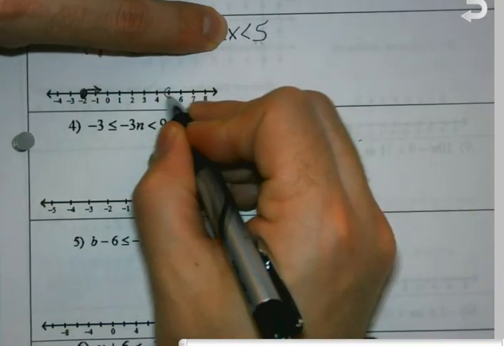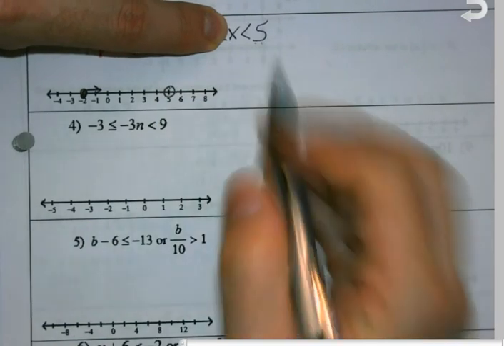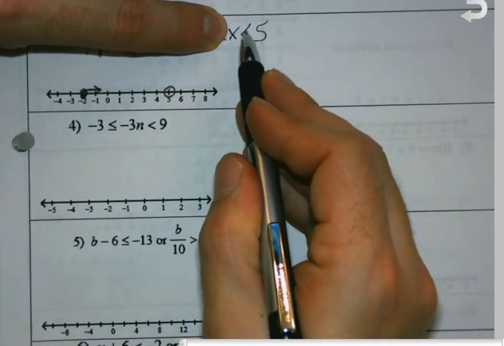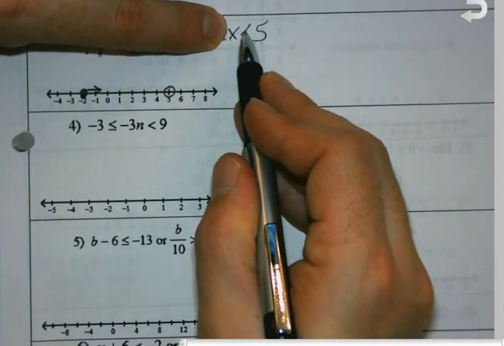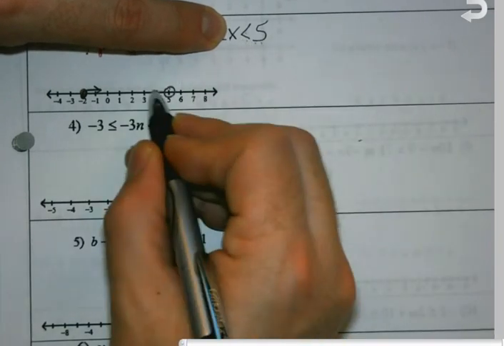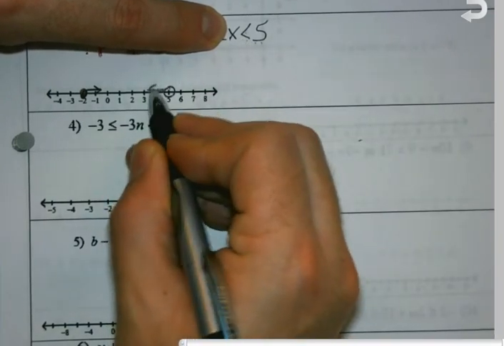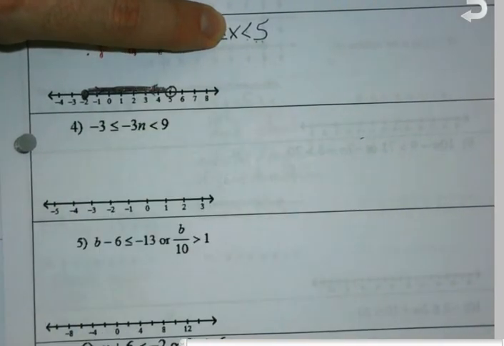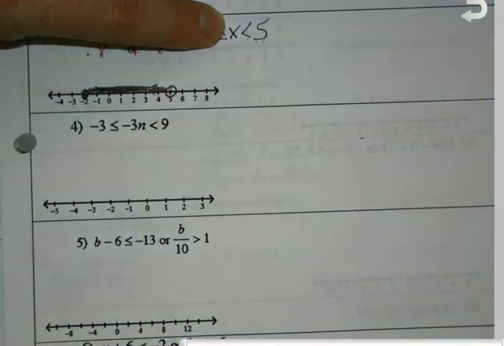Open. And x is less than. Which way is my arrow going to go? Less than goes left. They both start with L. And since there's not an or on this one, we just connect them. We just play connect the dots. So with ands we get to play connect the dots. With ors we just color right on through.